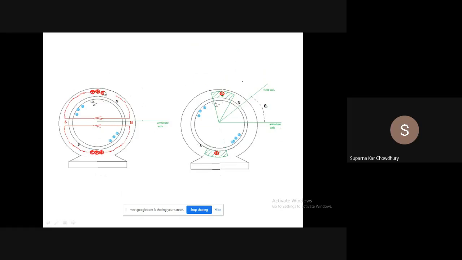That is, this winding is now distributed instead of concentrated. As the slot pitch angle is very small, it can be considered a uniform current sheet like this. This is positive, this is cross and this is dot.